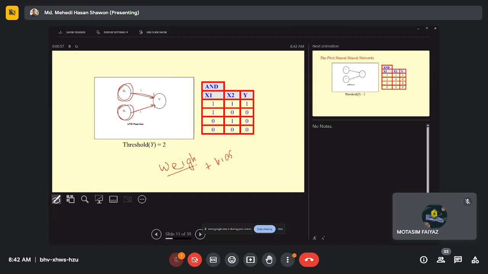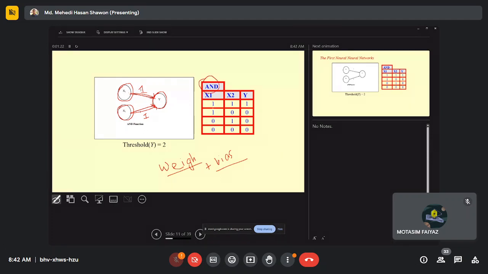Suppose I consider 1 as the weight for the connection x1 to y, and from x2 to y we are also considering 1 as the weight. We want to get an output like an AND gate, right?